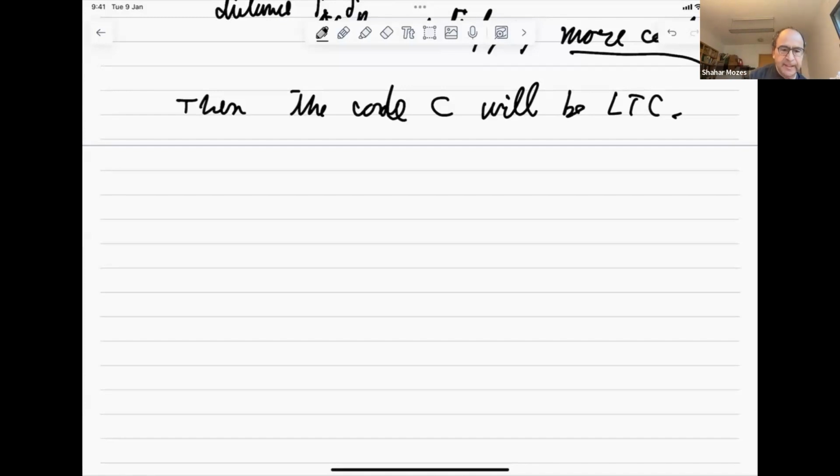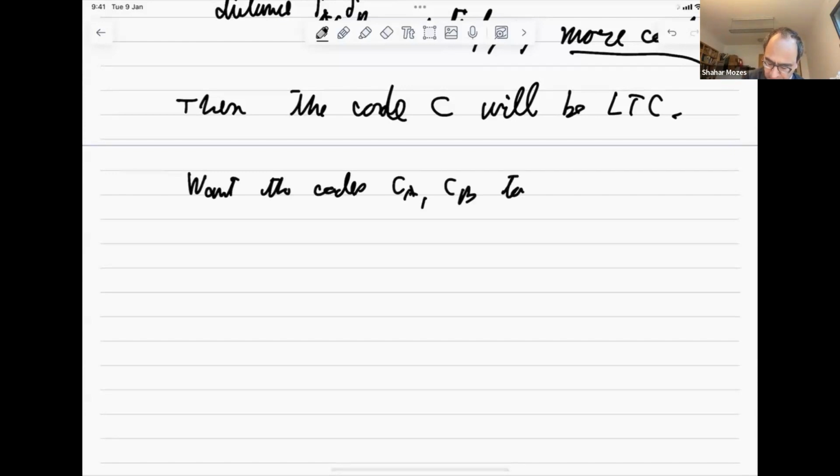So the condition is that you want the code to be such that there's something called a kappa agreement, that there are kappa agreement codes.